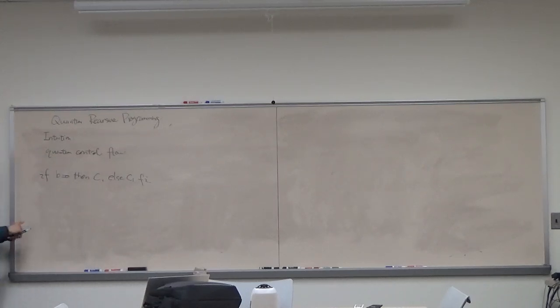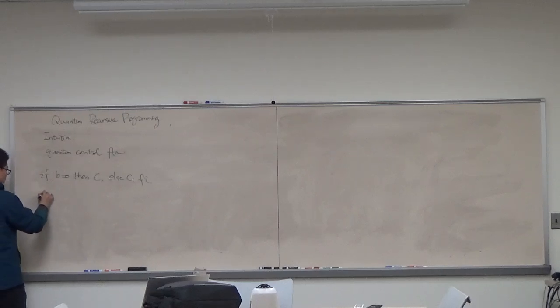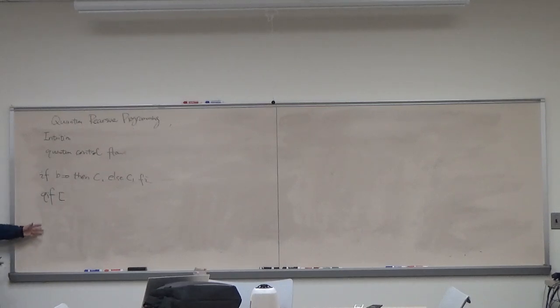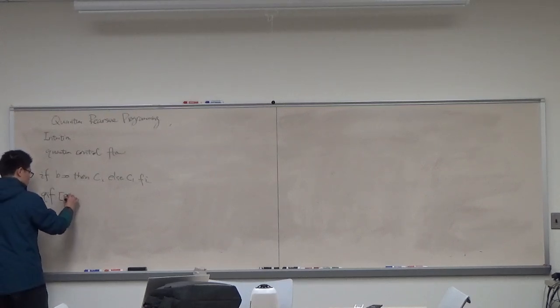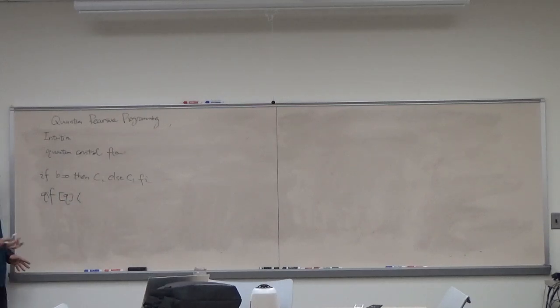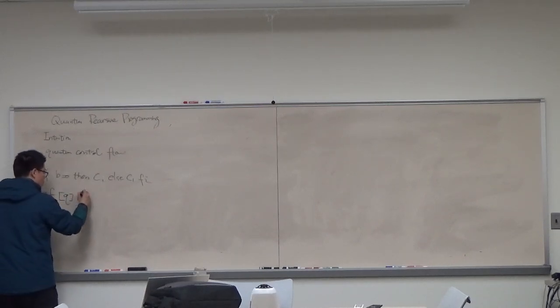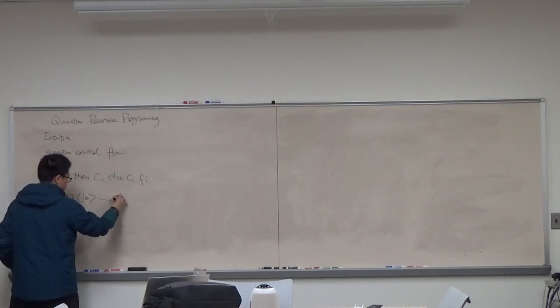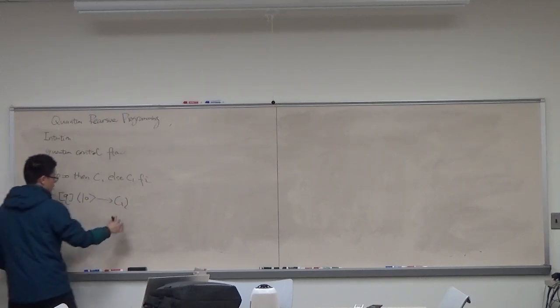A quantum version of this if-then-else statement is called a quantum if statement. We will use QIF to denote this kind of statement. QIF conditions on a qubit instead of a Boolean expression. Here q is a qubit. It can be in a superposition state. When q is in state ket 0, we execute some program C0.